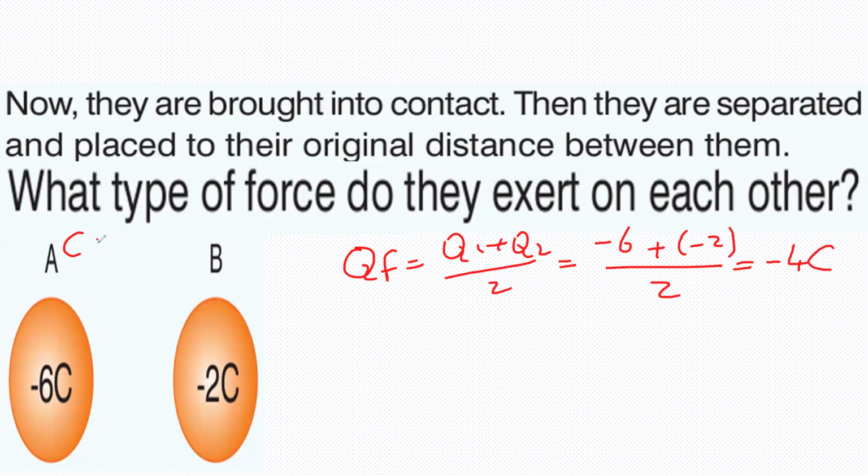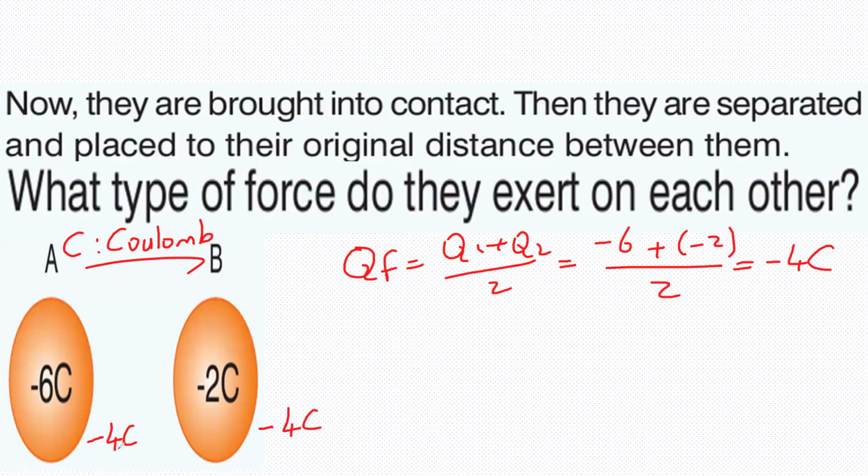C is coulomb, the unit of charge. As you see, both of them have the same charge, -4 coulombs, after touching each other.